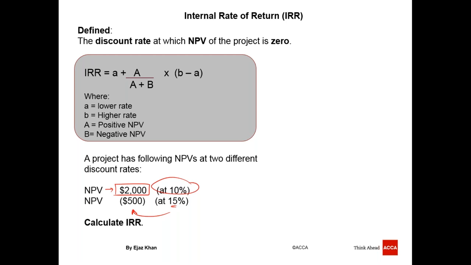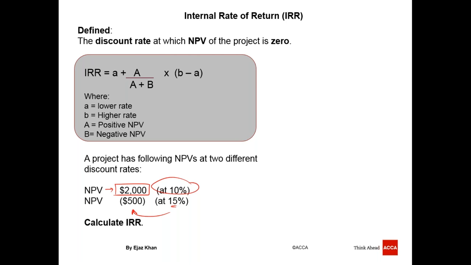So remember the 10% and the 15%, none of them are the required returns of the company. They are just being used, and they're not the required return, because you can't have two returns. A company will have only one required rate of return. So they are just two assumed rates. We've just put 10% as a discount rate, and we've seen whether we are earning more than 10% or less than 10%.